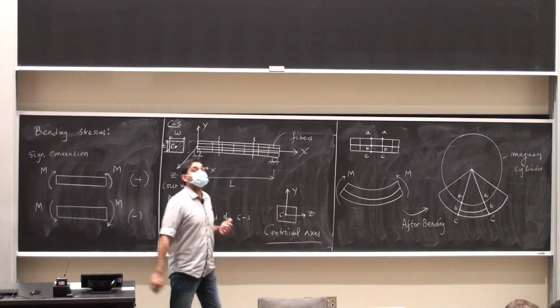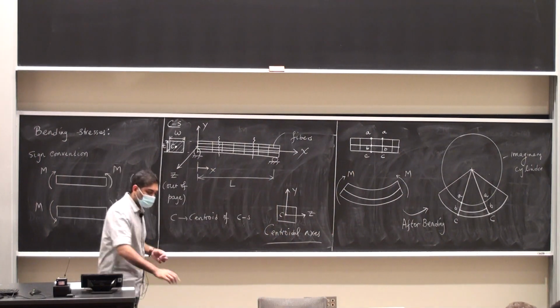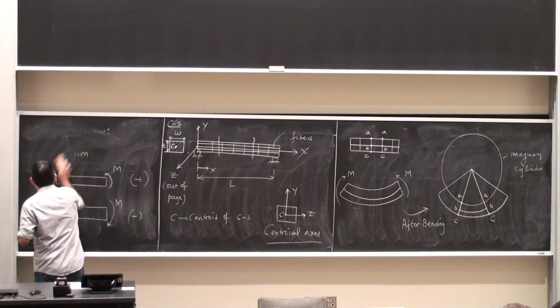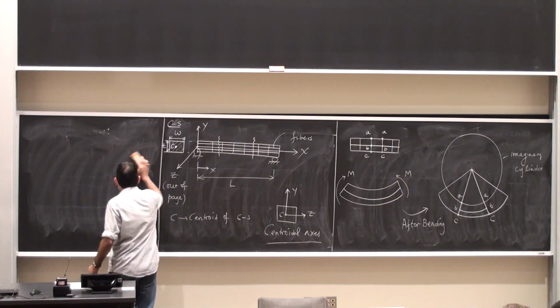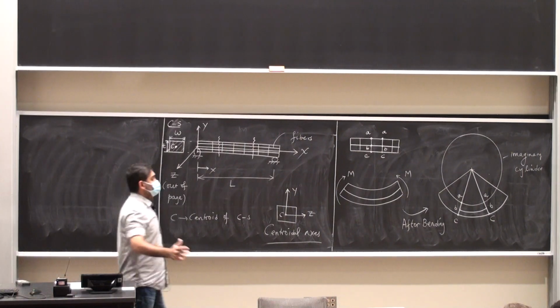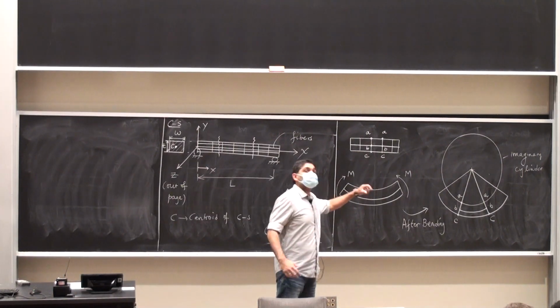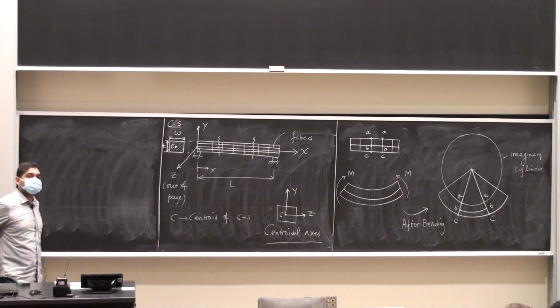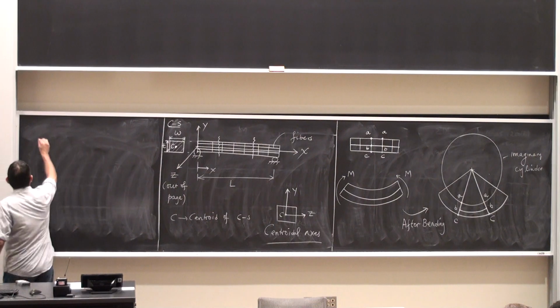The following observations can be made, and I'm going to write them down one by one. First things first, the thickness of the beam does not change. Okay, so this is experimentally determined, and then we develop the theory for it. The thickness remains the same.